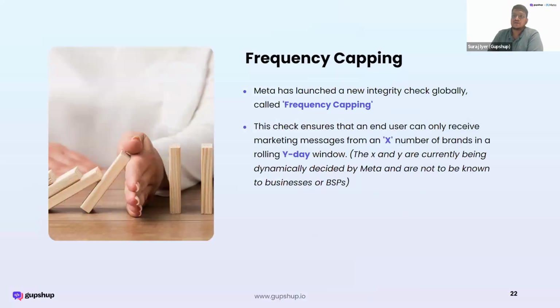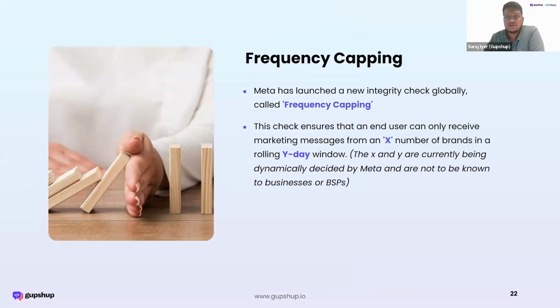Cool. A few more important updates, frequency capping. So if you go ahead and send out marketing messages, this is something that has affected all businesses. Frequency capping is at an end user level, not at a business level. So I'll just quickly give you an example. Say Suraj has a limit of receiving 3 marketing messages from businesses in the duration of 1 week.